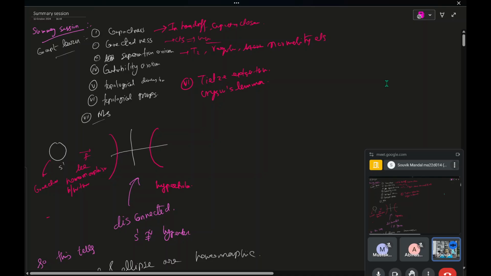I understand this is not rigorous mathematics, but something is better than nothing. And when you need to show something is not homeomorphic, first try to remove some points. Mostly the problems given in the exam will follow like this. Just remove a point, you will get the answer.